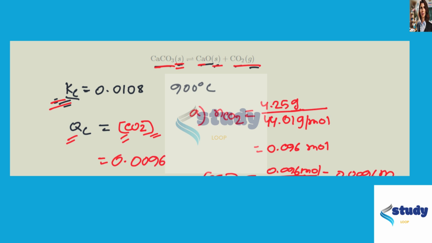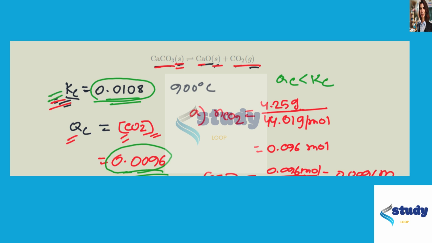Now, if we compare the value of Qc with the value of Kc, we can see that Qc is smaller than Kc. And we know that the value of Kc is actually the value of Qc at equilibrium. That means to reach the equilibrium value of Qc, which is our Kc value, we need to increase Qc.